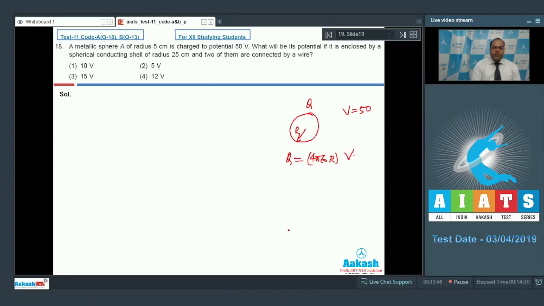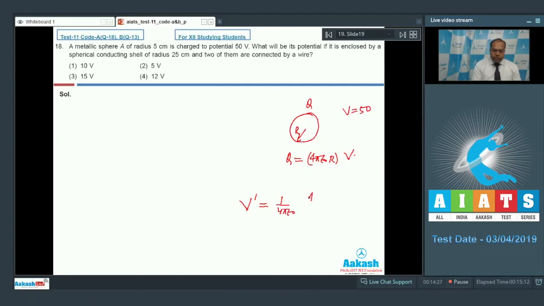Now when this metallic sphere is surrounded by another spherical shell of radius 25 cm and both of them are connected by a wire, then we know that in order to make the potential difference between the two spheres 0, all the charges flow to the surface of the outer shell. In that case, the potential on the surface of the outer shell can be written as 1 by 4 pi epsilon naught.